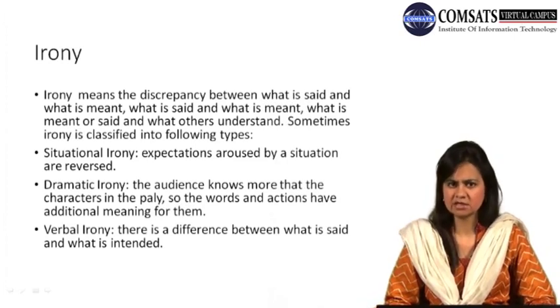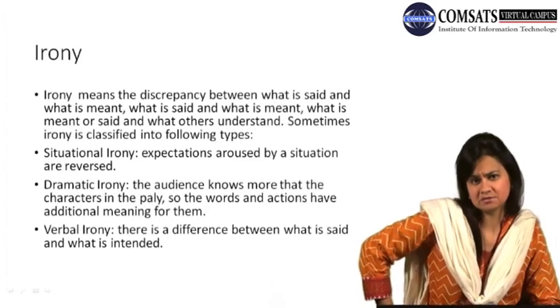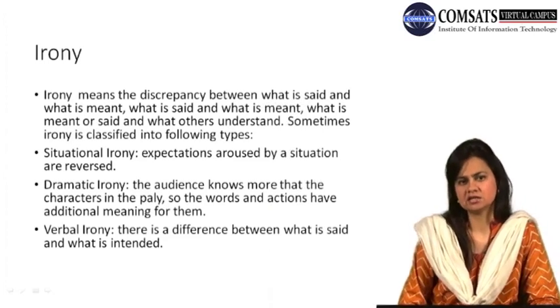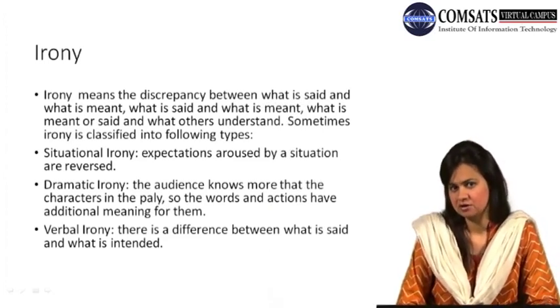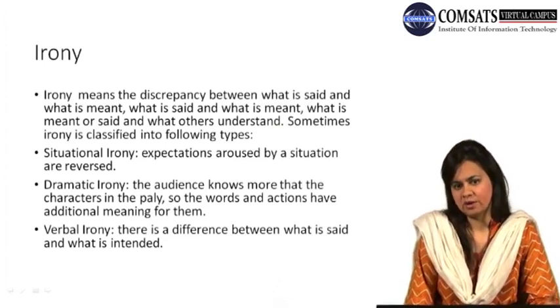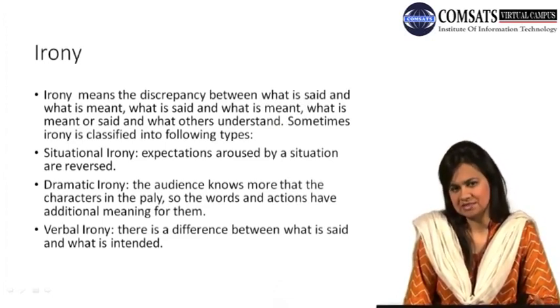For example, if somebody says that you are very smart, the word smart is usually understood as praise, but sometimes we want to use a little sarcasm or a taunt to say that somebody is trying to be overly clever, so we may use the same word. So verbal irony is when there is a difference between what is said and what is intended.